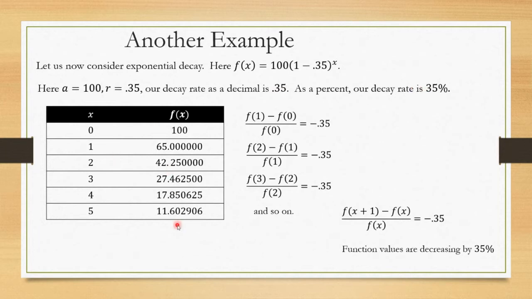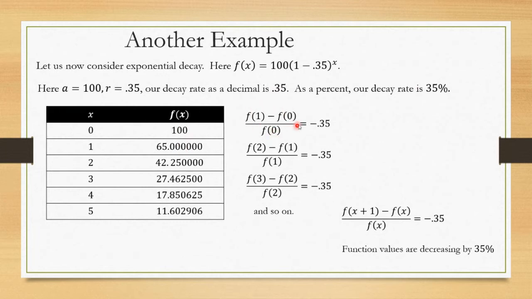And so these are the function values. When x is 0, we have f of 0 is 100. When x is 1, if you just plug it in directly, you're going to get 65. So you have a quantity here that's decreasing from 100 to 65, right?